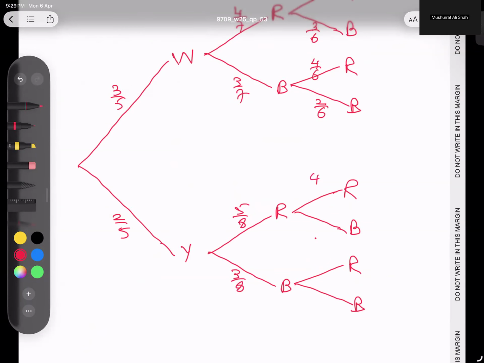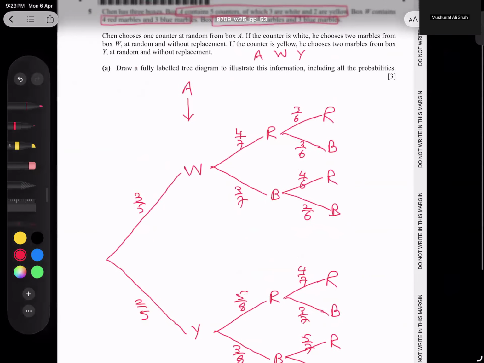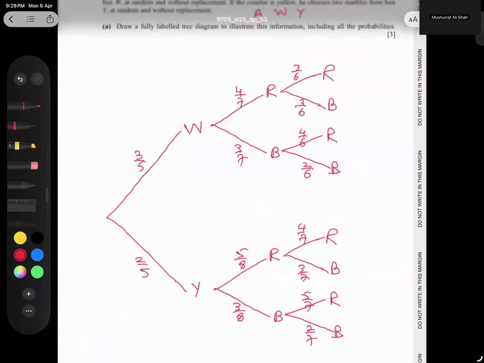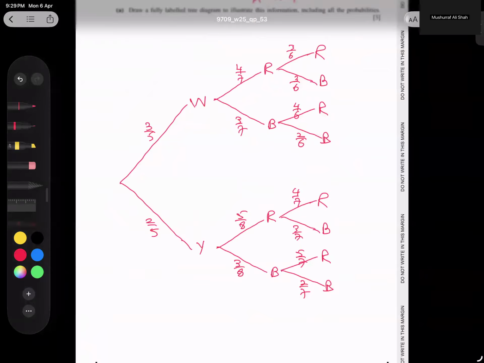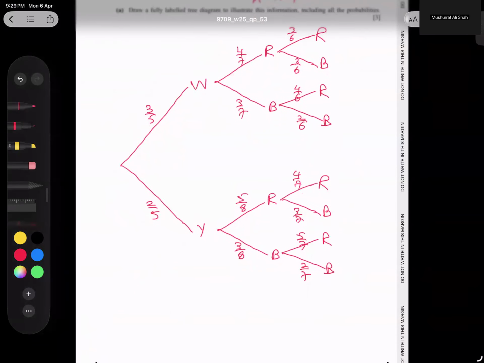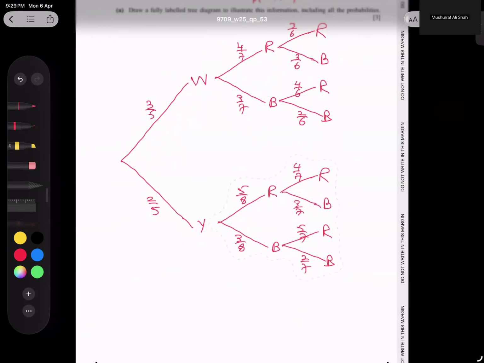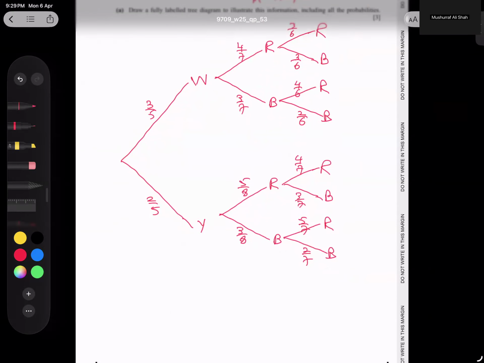And here 4 by 7, here 3 by 7, here 2 by 7, and here 5 by 7. So the diagram is very easy, nothing hard, students. Let me erase this. Because the diagram is available here, we have to work totally here anyway. I'm just bringing it up slightly.